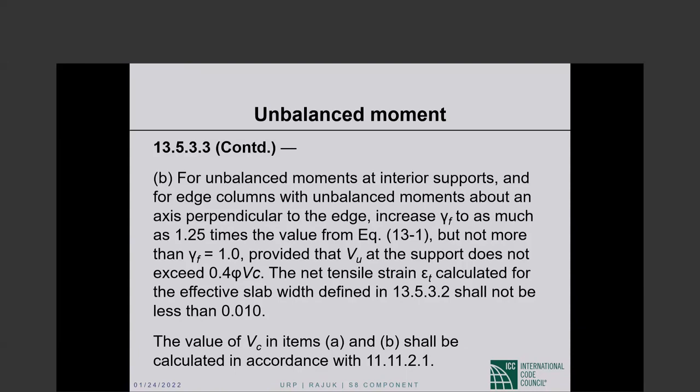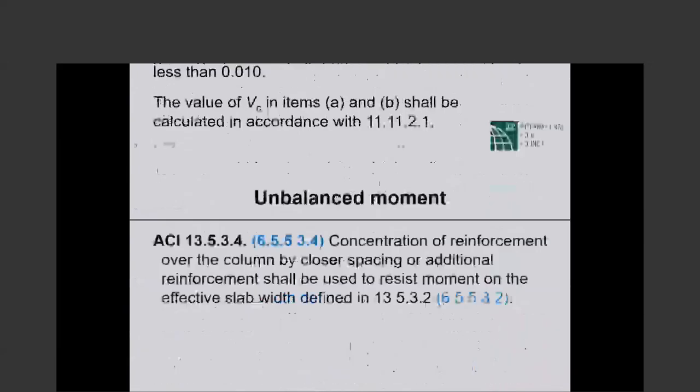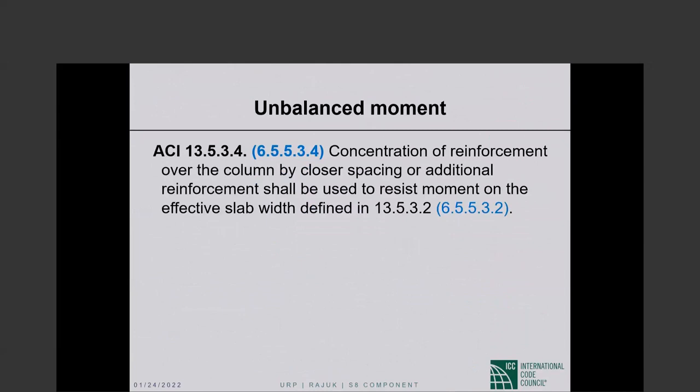So the shear has to be low and the net tensile strain shall not be less than 0.010 for us to increase the gamma sub F at an interior support from 0.6 or something like that to 1.25 times that. Okay. The value of V sub c shall be calculated as prescribed in the code, and that we will also see coming up.